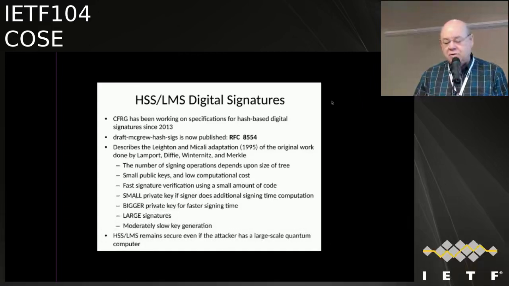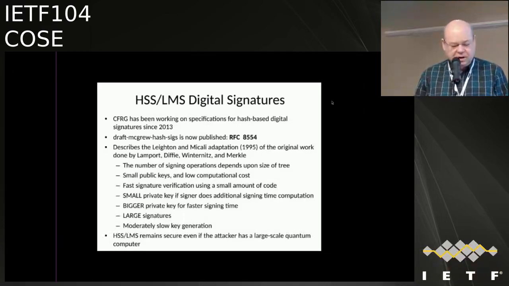The amount of code that's needed to validate one of those signatures is very small, which is why a lot of the IoT folks are interested in it. You just need the hash function and then some tree management stuff. In terms of the signing side, you can have a small private key if at signing time you're willing to do some extra work. You have a bigger private key if you want faster signing time.